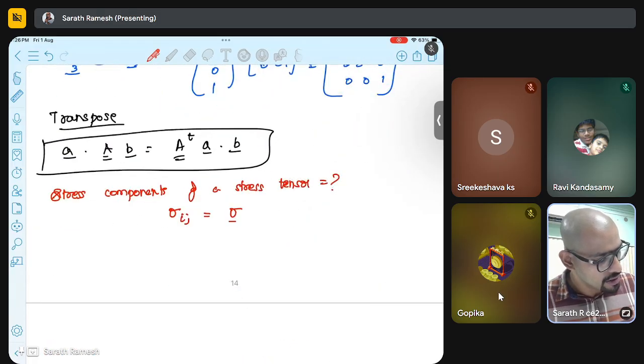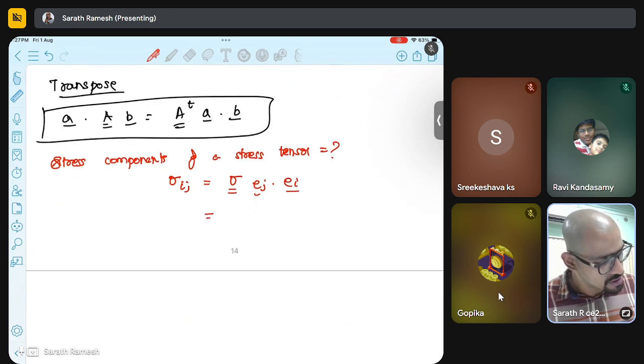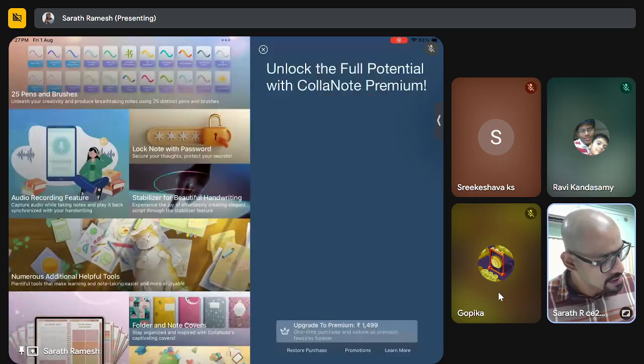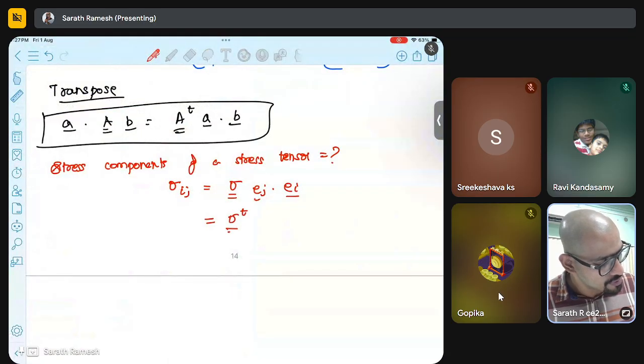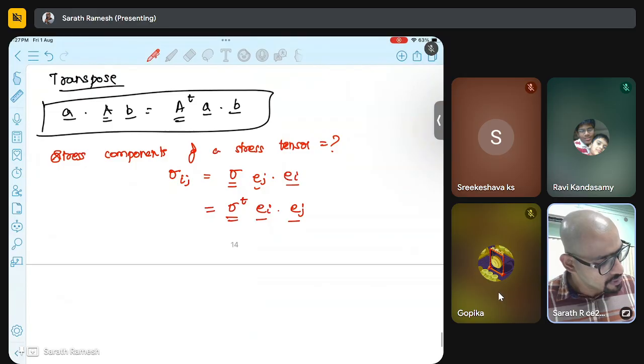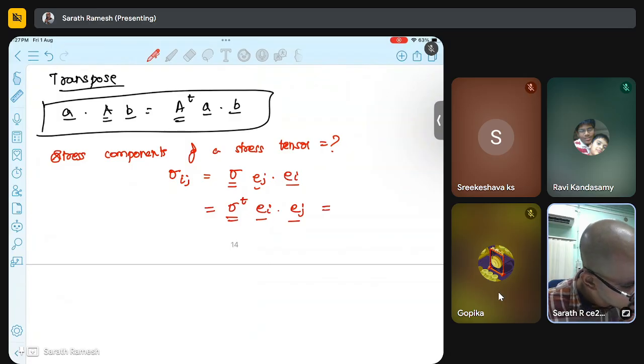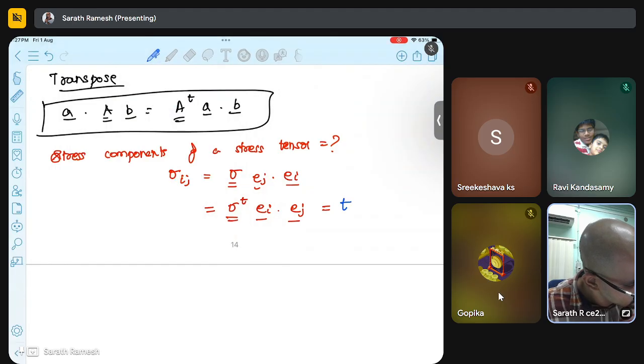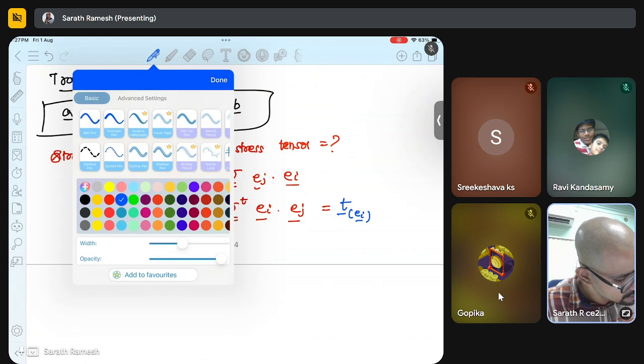So sigma of e_j dotted with e_i. Using the transpose definition, I can write this as sigma transpose e_i dotted with e_j. What is sigma transpose e_i? This is nothing but the traction t of e_i, so t of e_i dotted with e_j.